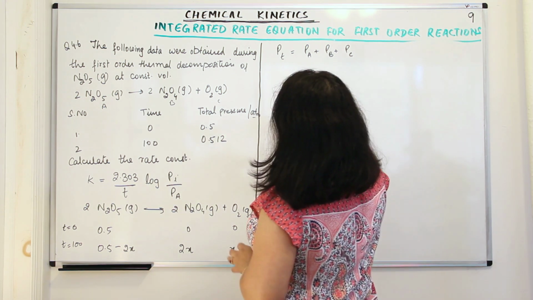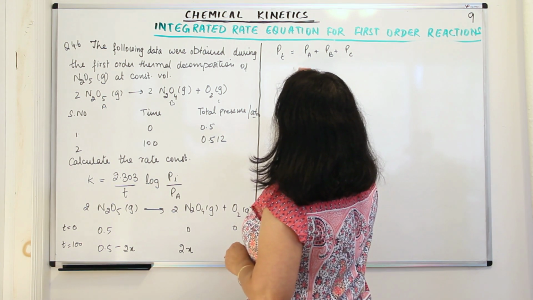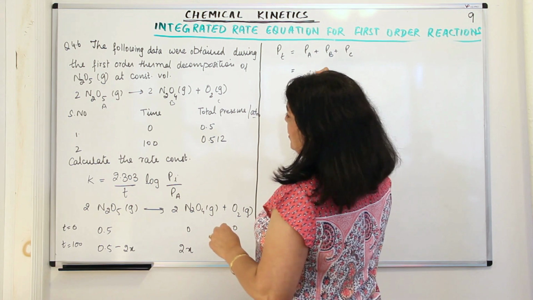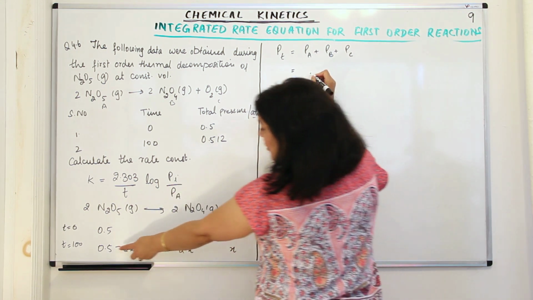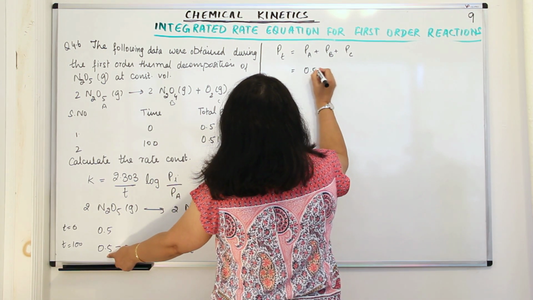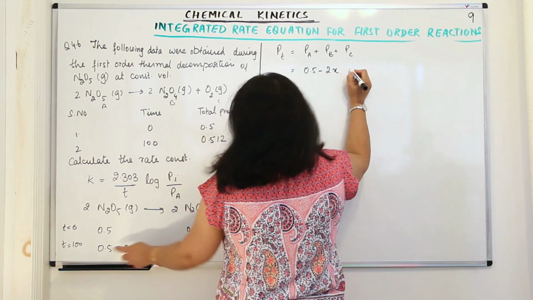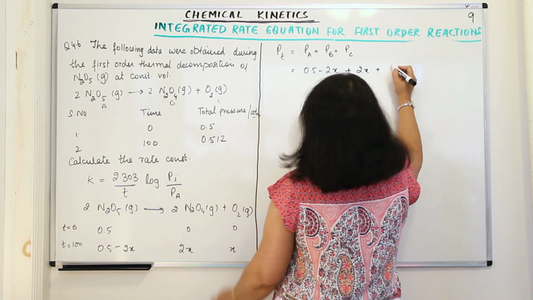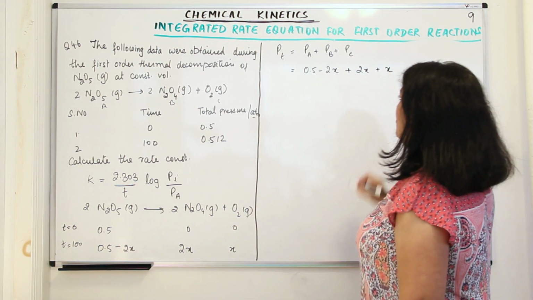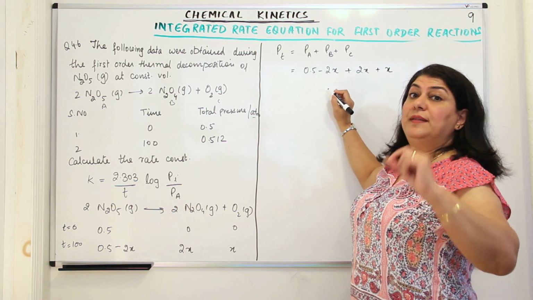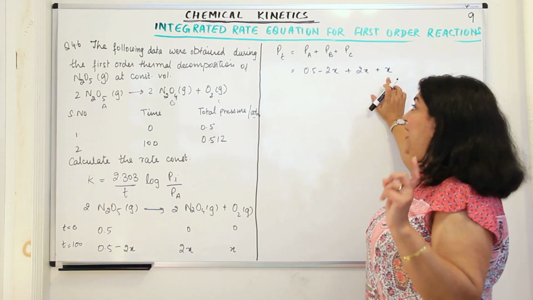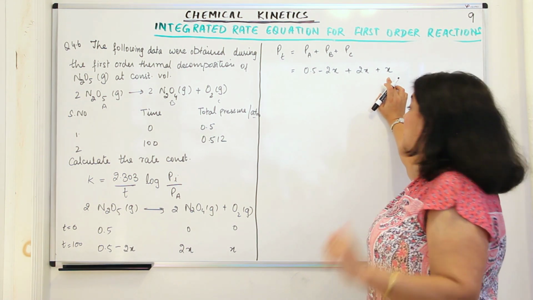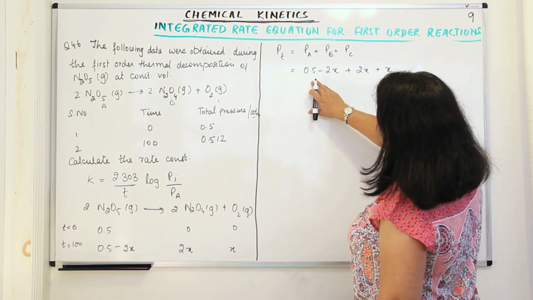Anyway, the total pressure would be this at time t, which is equal to 100, which is equal to, what is PA according to this? 0.5 minus 2x plus 2x plus x. This will be the total pressure. What is the aim? The aim here is we must find out x in terms of PT and PI, and that is what we want to do.